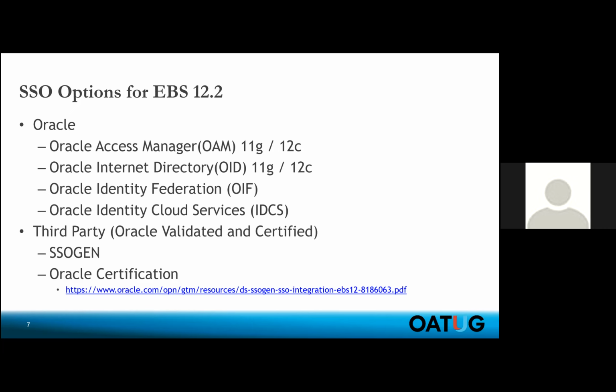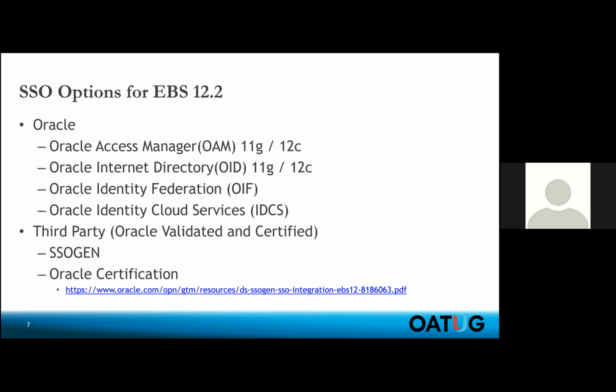On top of OAM and OID, you have to have OIF, Oracle Identity Federation. Later on, 4 or 5 years later, that product was deprecated and included in OAM with a different license called Suite License, as a part of OAM itself. But again, that's the history of when it all started.